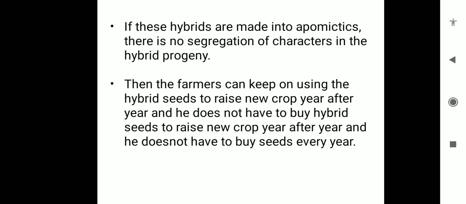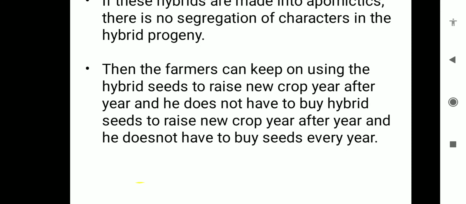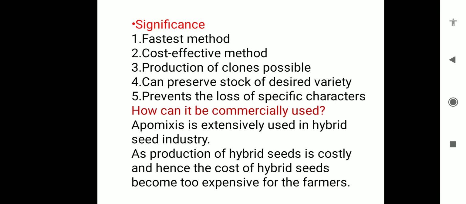Is that clear? The farmers can keep on using the hybrid seeds to raise new crops year after year, and they do not have to buy the hybrid seeds every year. This is a very important point about the apomictic seed.